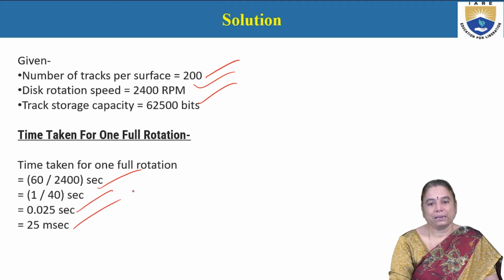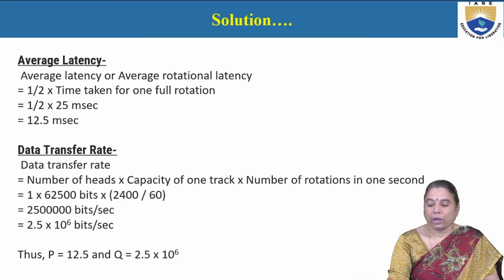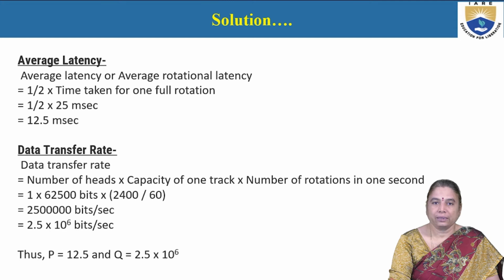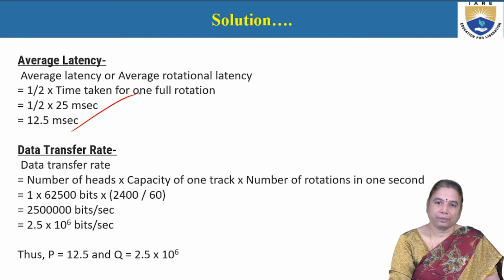So 25 milliseconds is the time taken for one full rotation. Now we have to calculate average latency. Average rotational latency is half into time taken for one full rotation. So half into 25 milliseconds, 12.5 milliseconds is the answer.